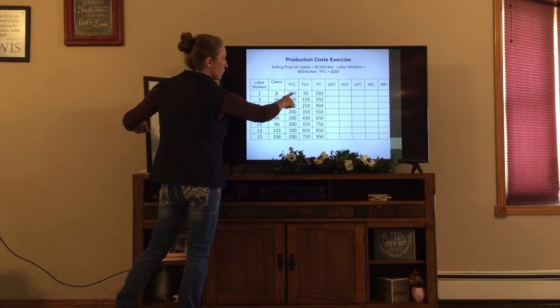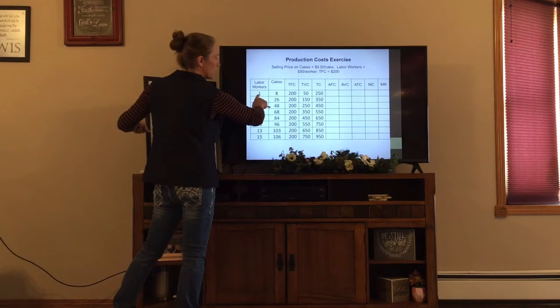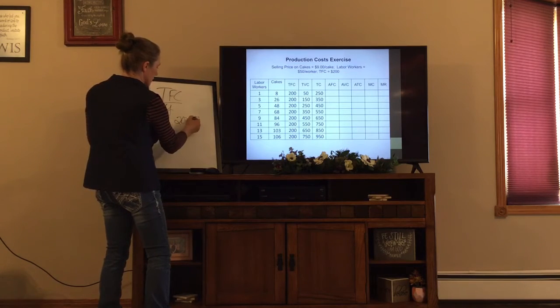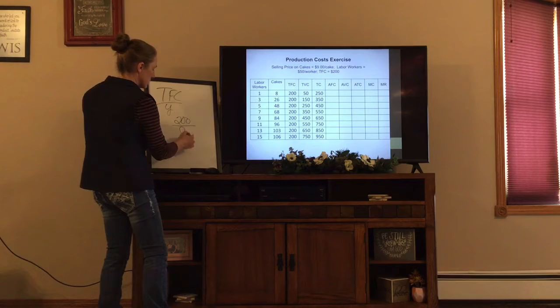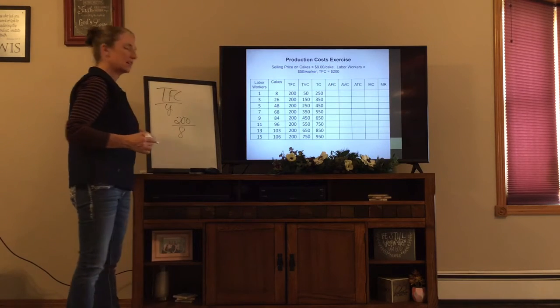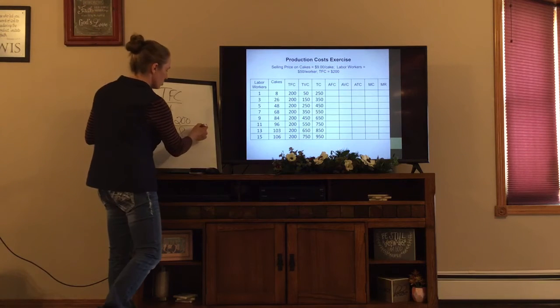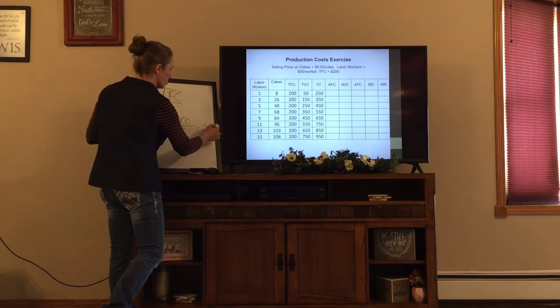So when I have the first value of one labor worker producing 8 cakes, it costs me $200 in fixed costs to produce those 8 cakes. Well, those 8 cakes are pretty expensive per cake in fixed costs. So it's $200 divided by 8 is $25.